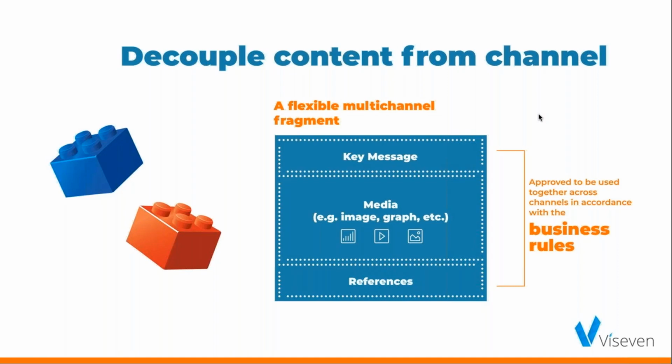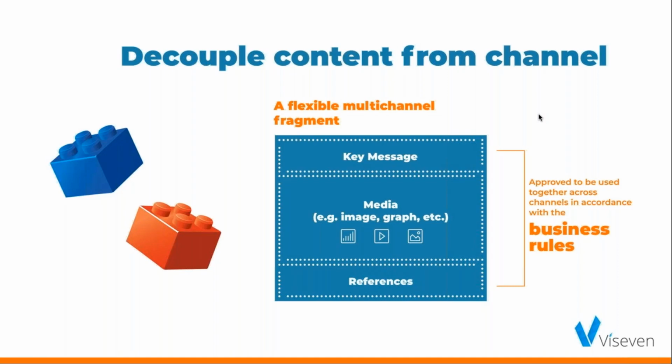What is inside of the module? There is a key message, like a core marketing statement. Plus, it contains supportive information like references, graphs, and media. And the relationships inside of the fragment are managed by business rules.